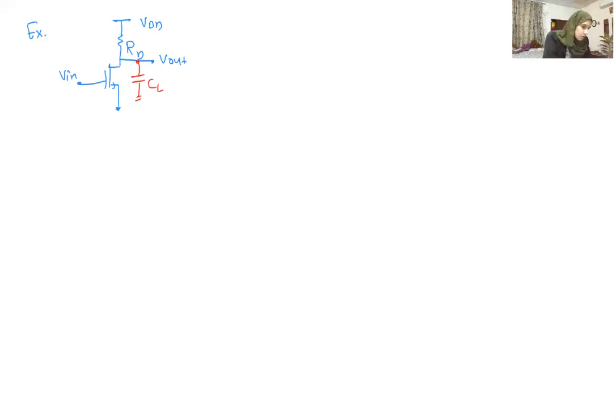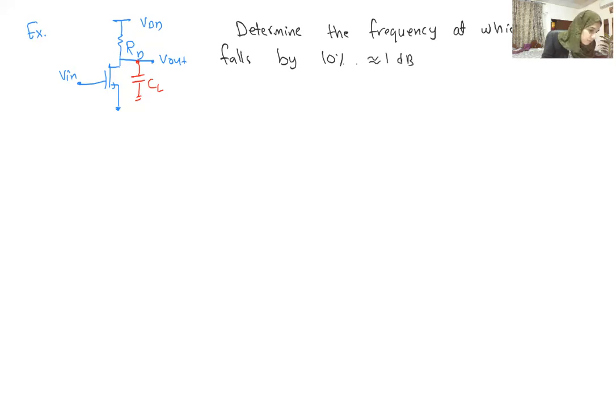And now we want to determine the frequency at which the gain falls by 10%. 10% here is almost equal to 1 dB, and assume RD equals 1 kilo ohm, CL equals 1 picofarad, and ignore lambda.